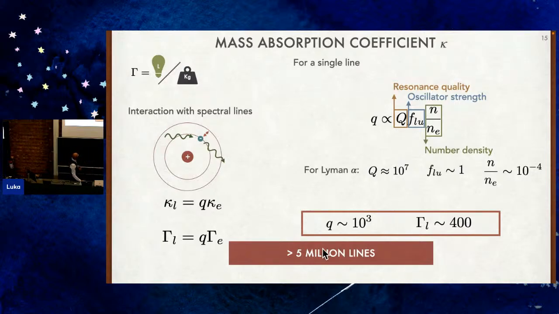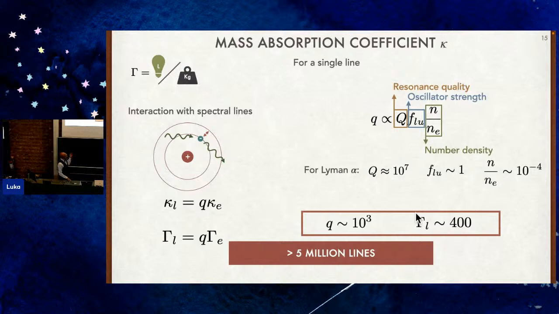Translating back to gamma, we can estimate that gamma in this case will be on the order of 400. You can see that this process is very potent and can deliver lots of force, causing gas to overcome the force of gravity, launching the wind.